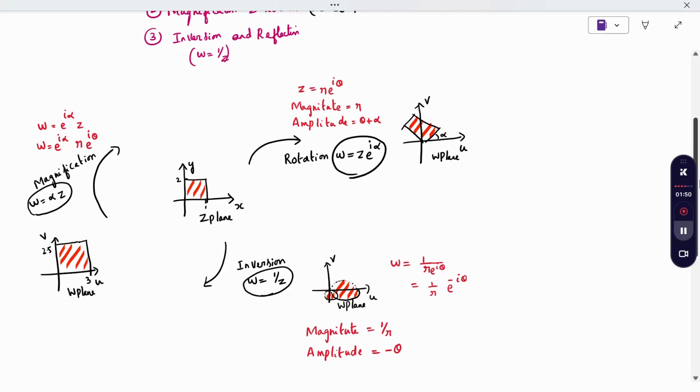A rough diagram is enough, not the exact diagram. From the Z plane we are going to convert it into a W plane.